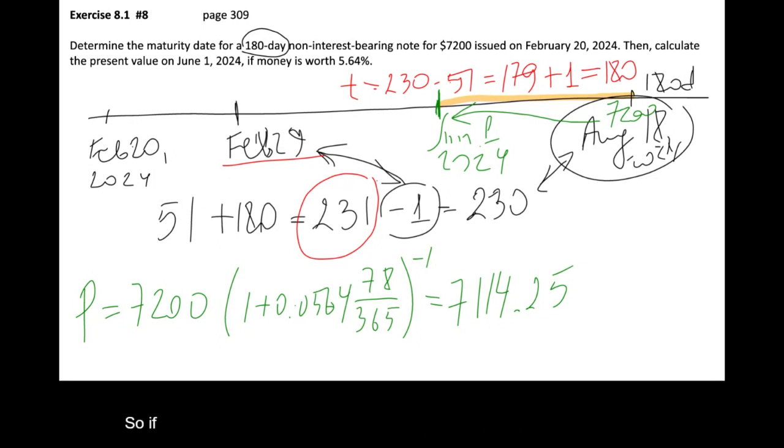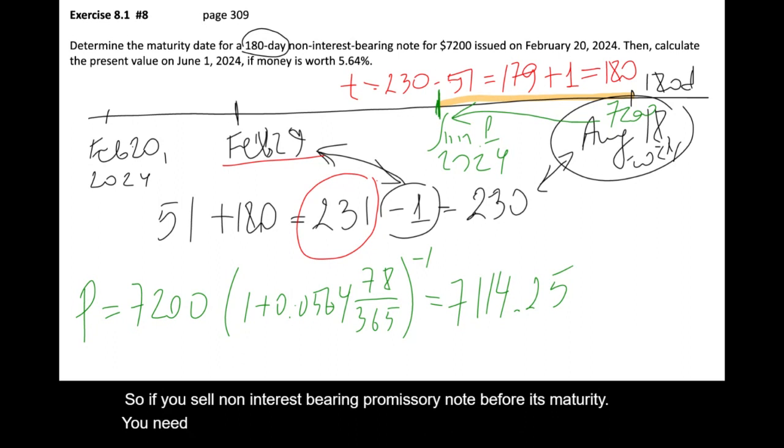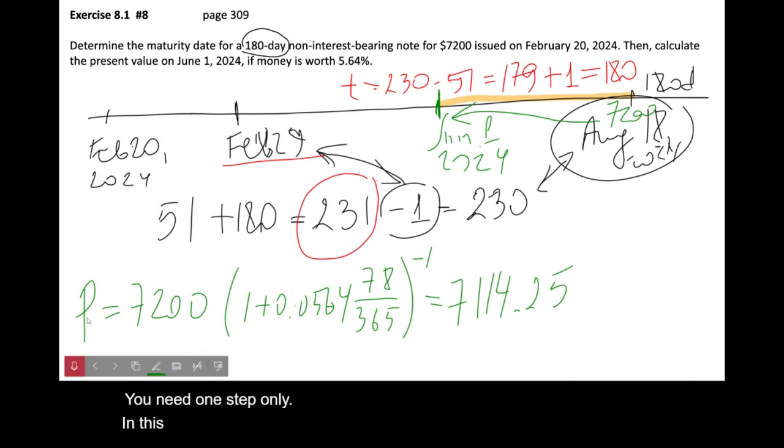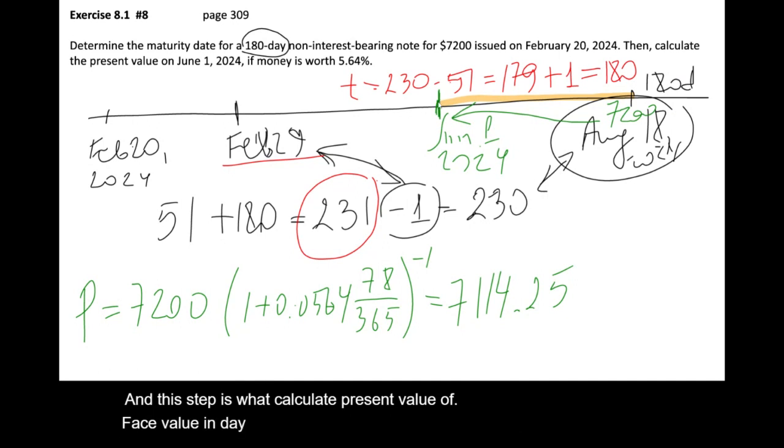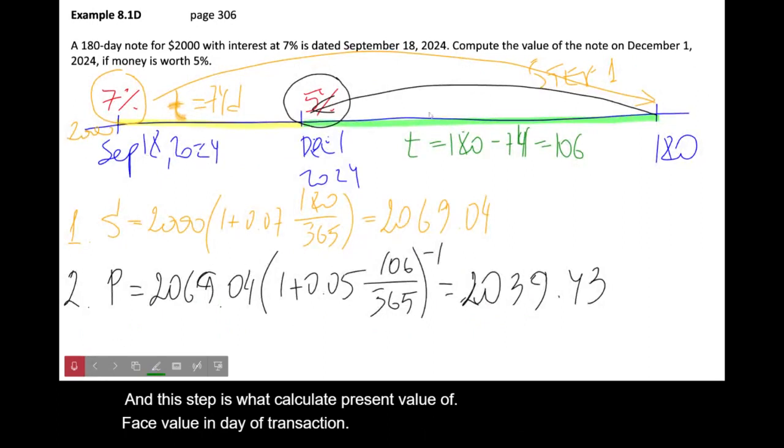So if you sell non-interest bearing promissory note before its maturity, you need one step only. And this step is what? Calculate present value of face value in day of transaction. So for interest bearing, we required two steps.